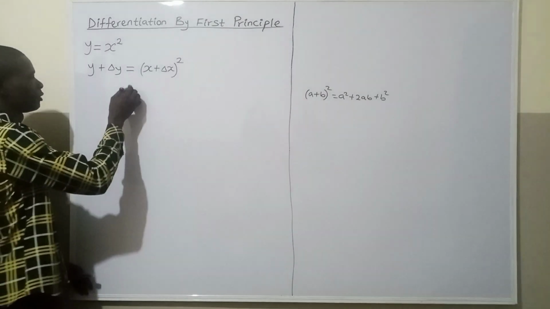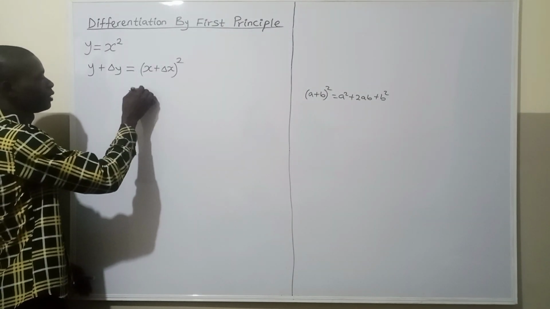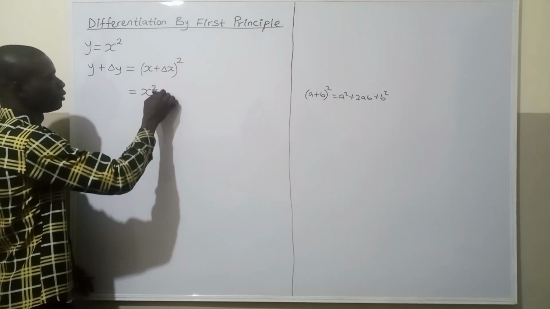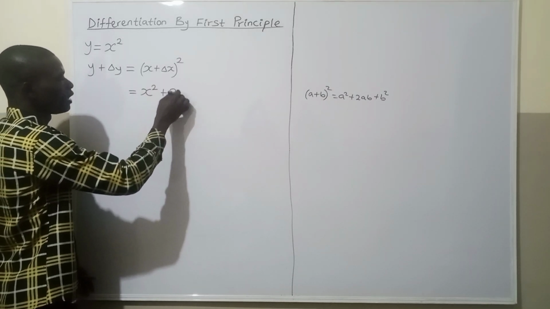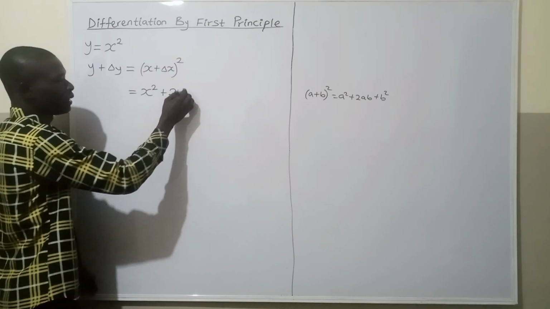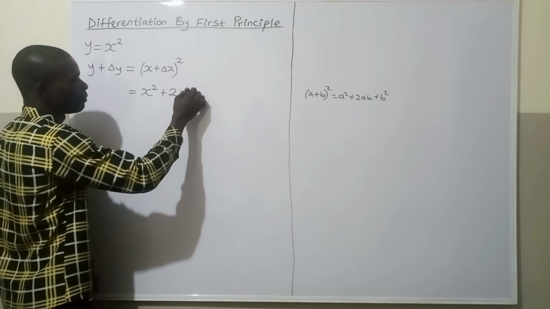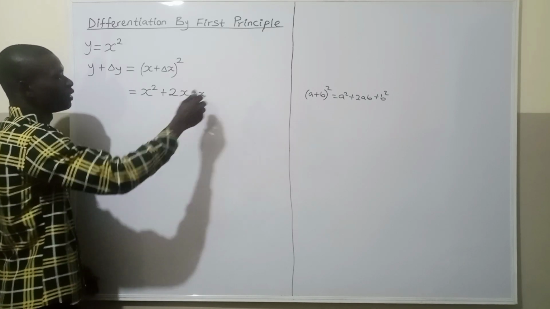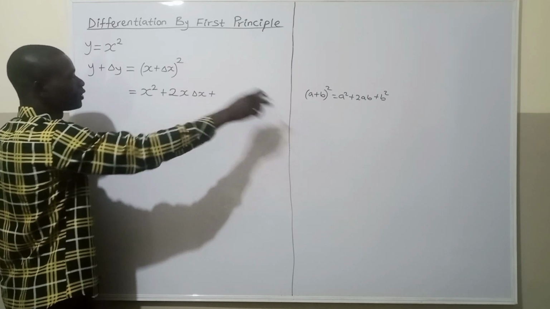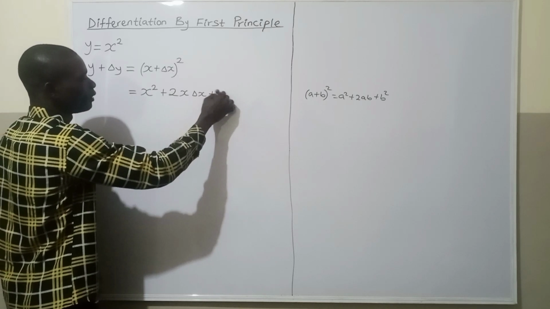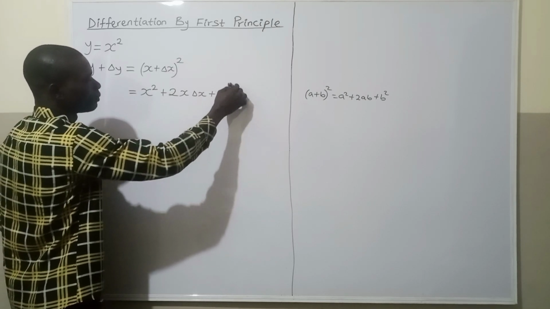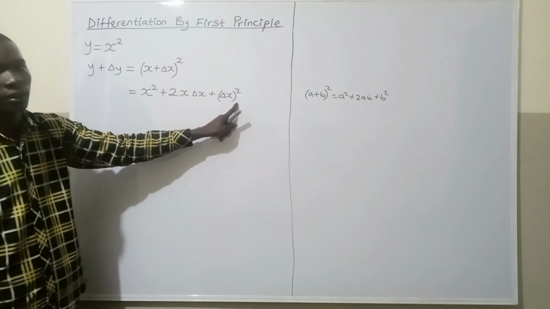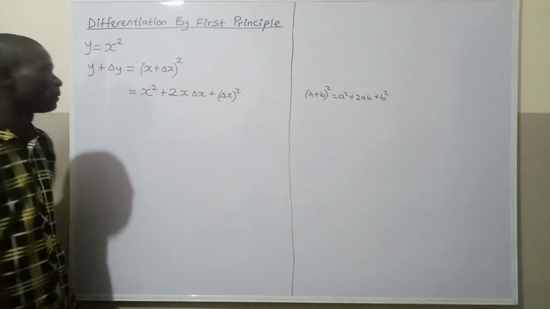And when we have that, we expand, we are going to be having x squared in the place of a plus 2ab, and in this case our a is what? X, and our b is what? Delta x. So 2x delta x, that's 2ab, and then plus b squared. B squared is delta x being squared, because delta x is what represents b in that particular expansion.